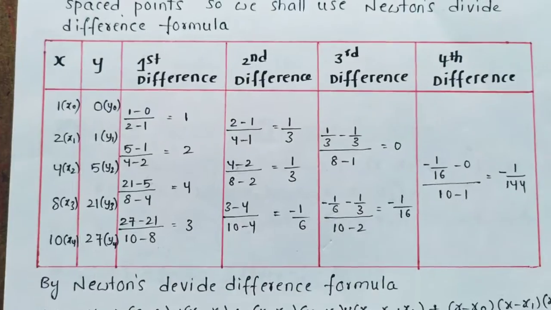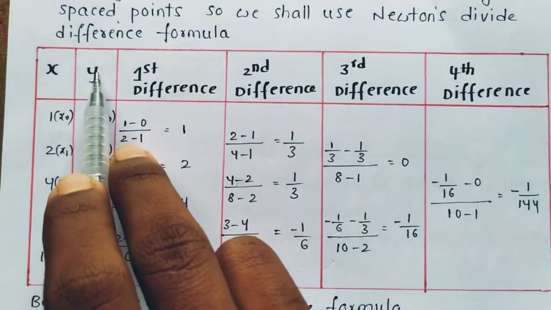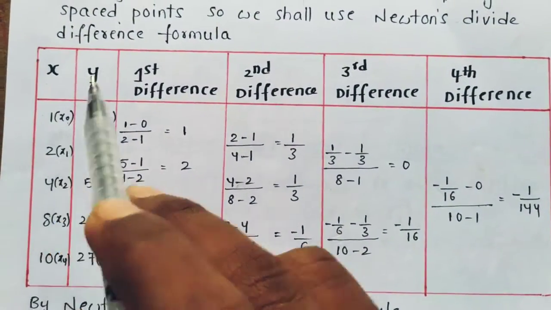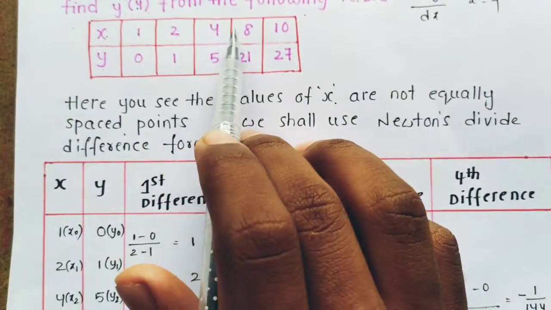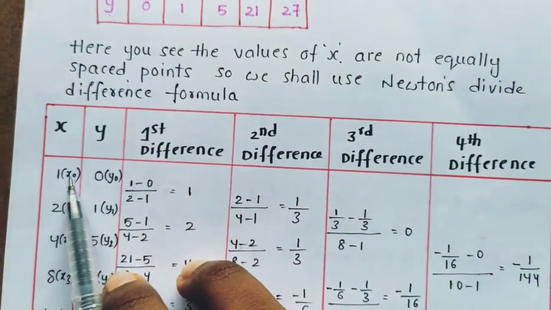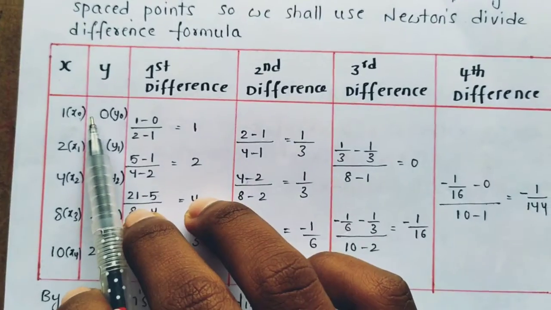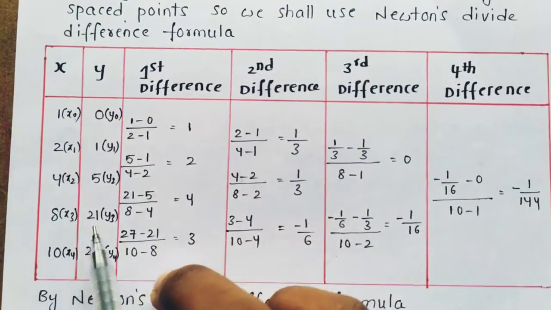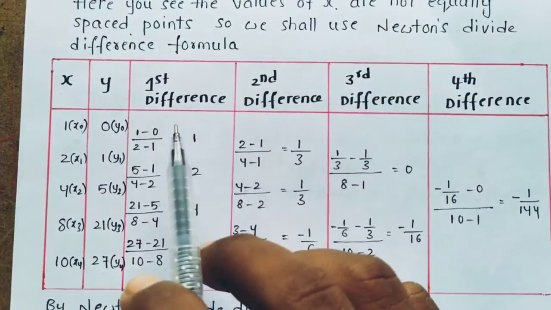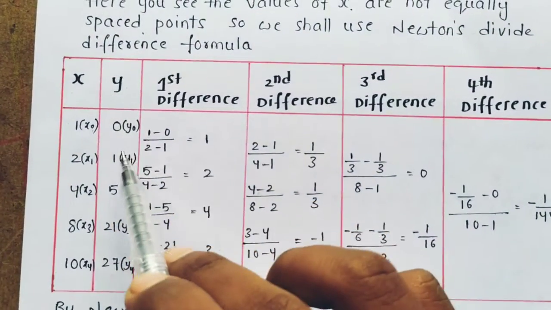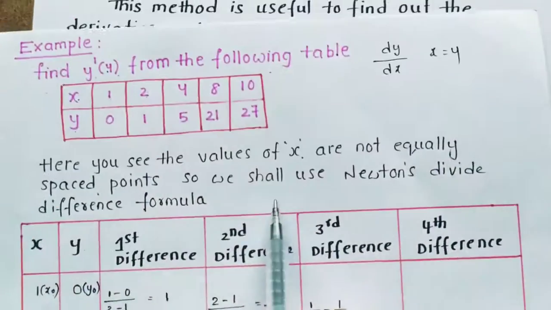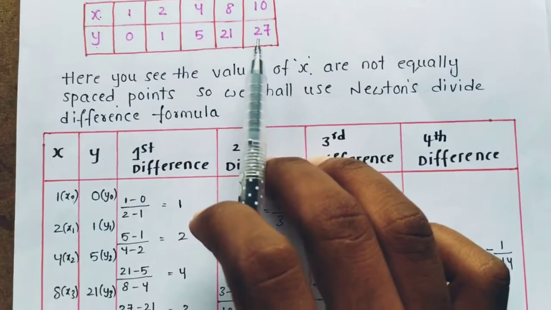The x and y values are given. The x values are 1, 2, 4, 8, 10, and similarly we write the y values 0, 1, 5, 21, 27.